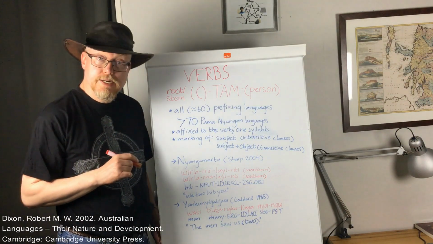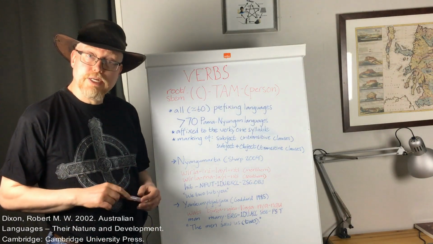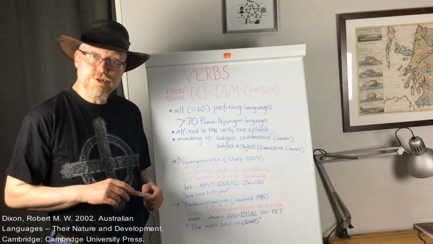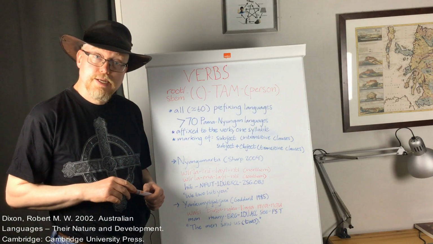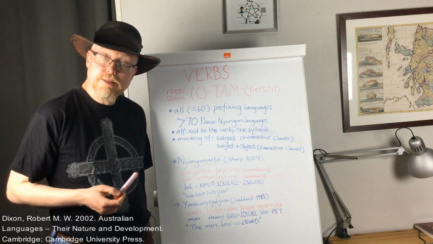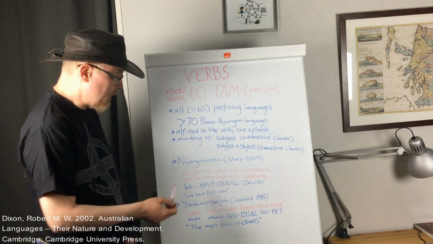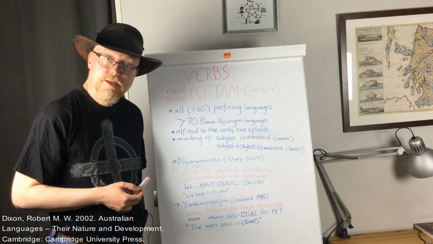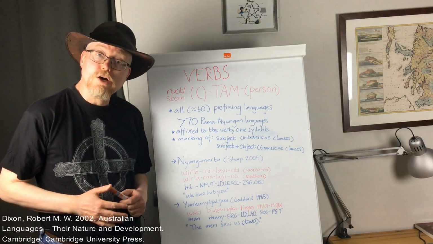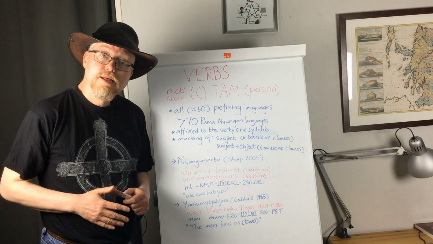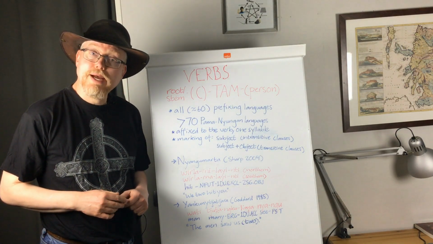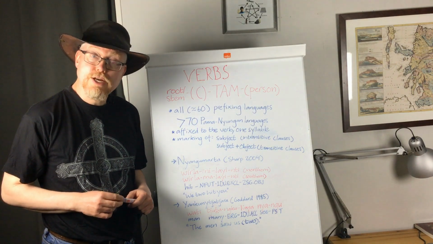So Dixon, in his 2002 book, talks about bound pronouns instead, and bound pronoun markers, which in most languages are bound to the verb, but in some languages, in fact, aren't. Yes, I think I will have reason to come back to this and make more videos.